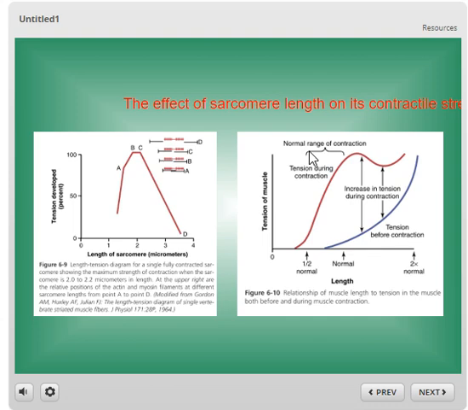At this length, the maximum number of cross bridges can form, resulting in the greatest contractile strength.